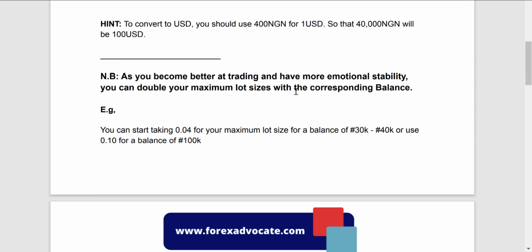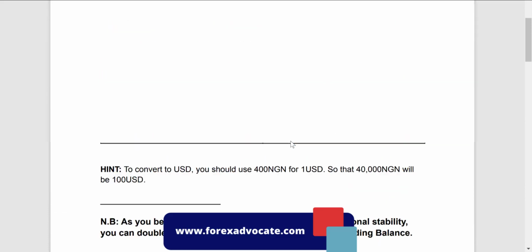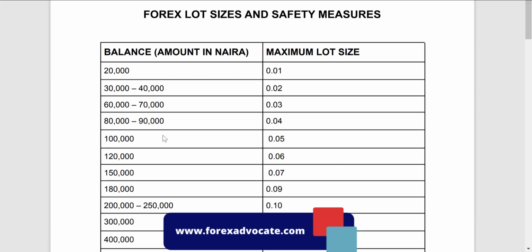Note this: as you become better at trading and have more emotional stability, you can double your maximum lot sizes with the corresponding balance. For example, you can start taking 0.04 as a maximum lot size for a balance of 30 to 40k, or use 0.10 for a balance of 100k. Once you have started trading and can control your emotions better, with 30 to 40,000 you can start using 0.04 instead of 0.02.